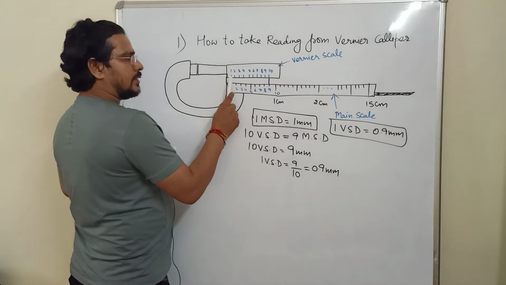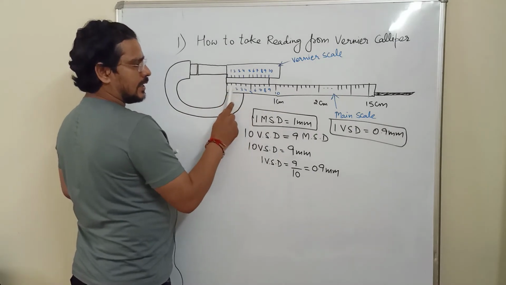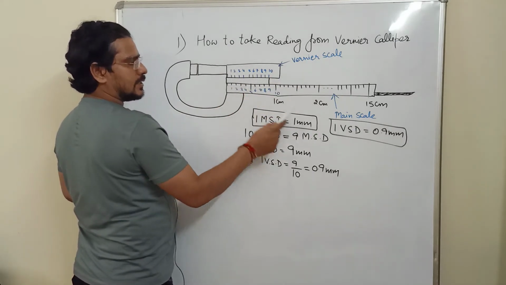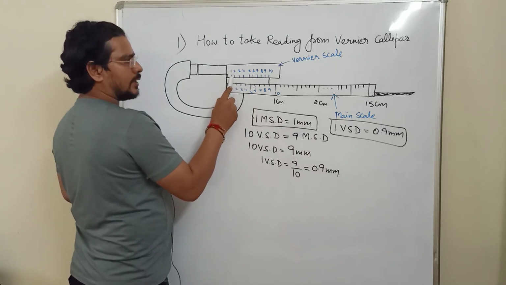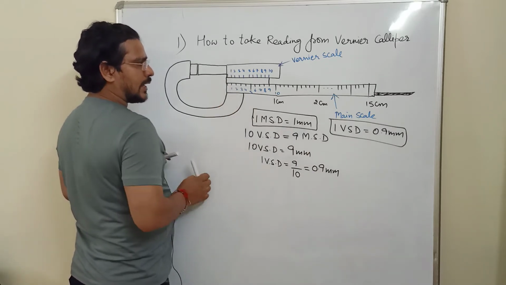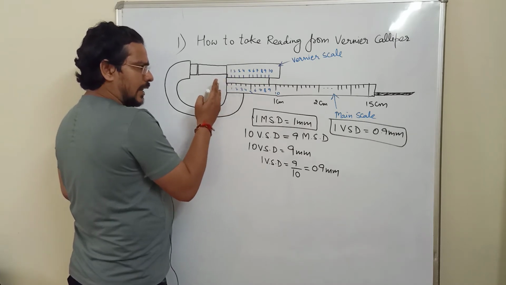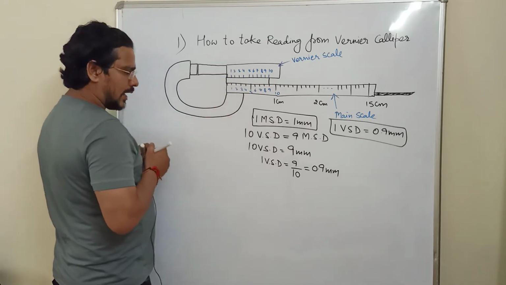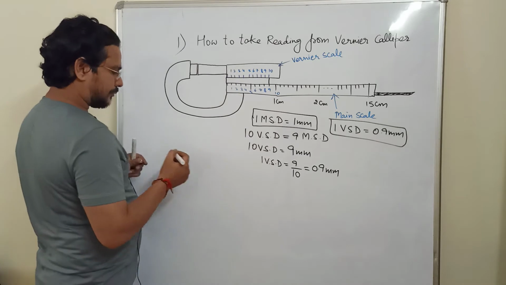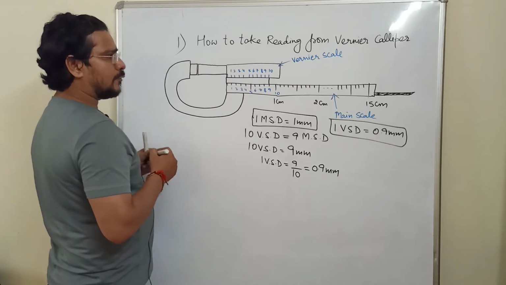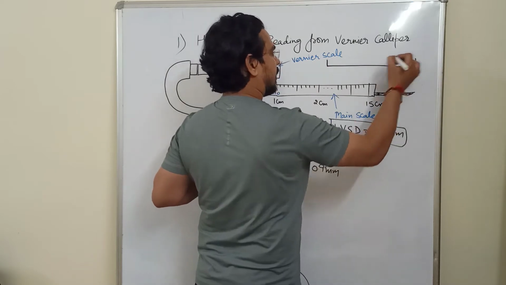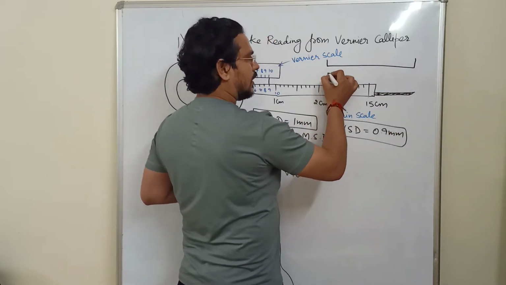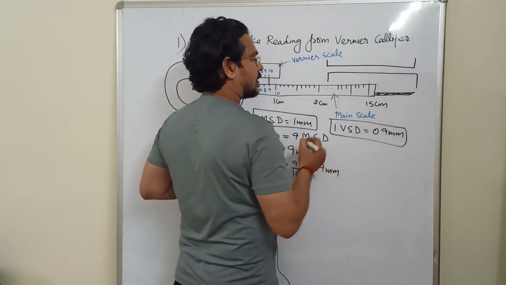You know that your one main scale division is 1 mm and one vernier scale division is 0.9 mm, which means the first division of vernier scale will be at a distance of 0.9 mm, a little left of the main scale division. I will draw a bigger diagram for you to understand here. So here I am considering my magnified vernier scale division, and here I am considering my magnified main scale division.